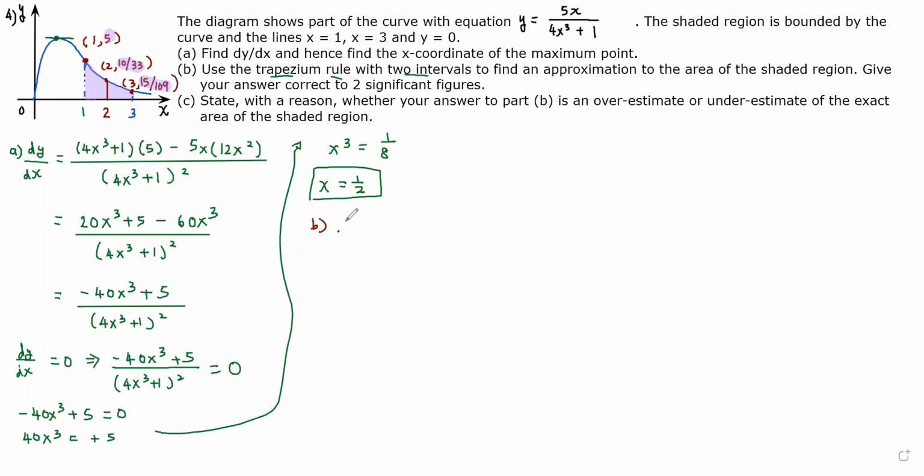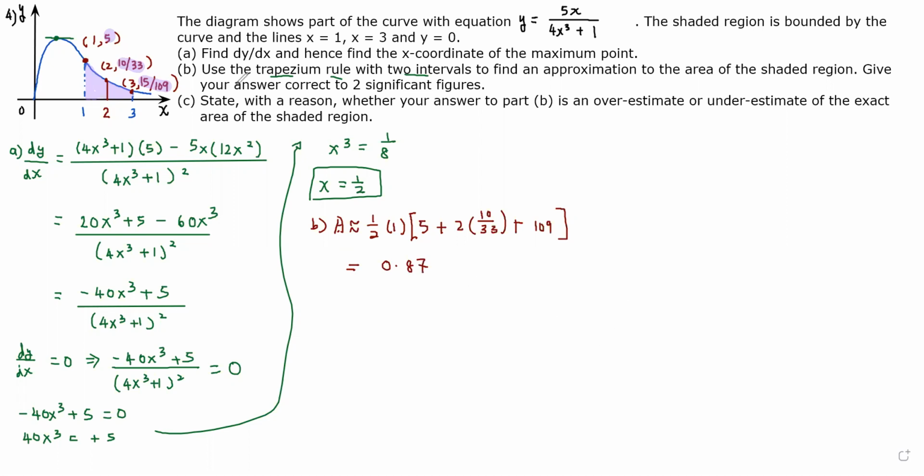To apply the trapezium rule, the area is approximately 1/2 of the width, which is 1, times the height of the first point, 5, plus 2 times the height of the second point, which is 10 over 33, plus the height of the third point, which is 15 over 109. And we get a value of 0.87.